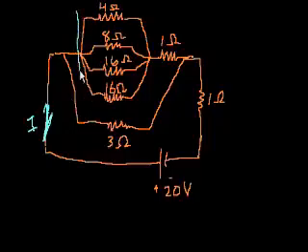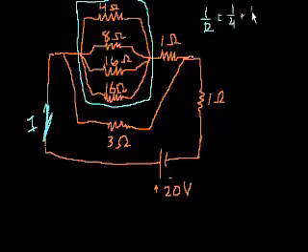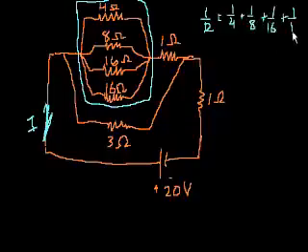So first of all, let's start at what I could argue is the simplest part. Let's see if we could figure out the equivalent resistance of these 4 resistors in parallel. Well, we know that 1 over that resistance is going to be equal to 1 over 4 plus 1 over 8 plus 1 over 16 plus 1 over 16.